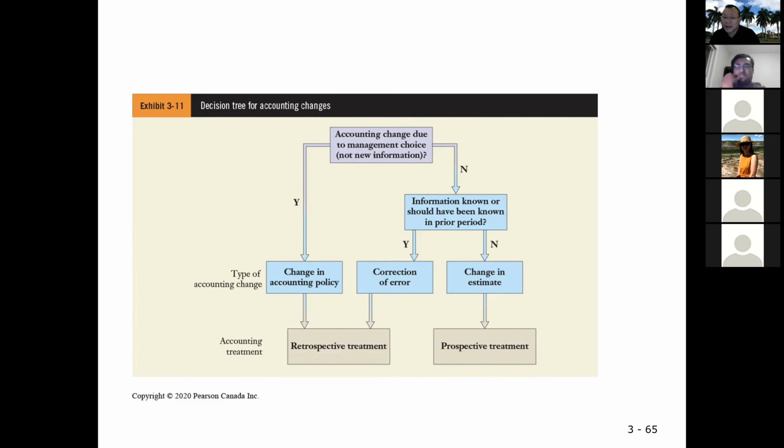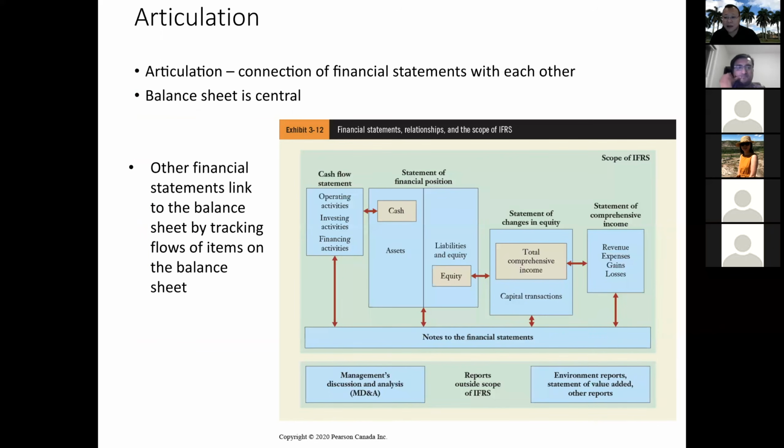Okay, so now let's talk about the connections among the 4 financial statements. If you remember, the way we teach 2100 is we started from the income statement, and that income number goes into the statement of changes in equity. Then this number goes into the equity section of the statement of financial position.